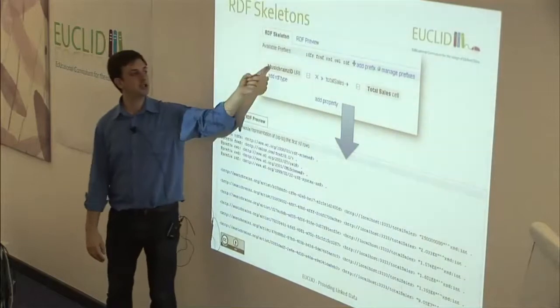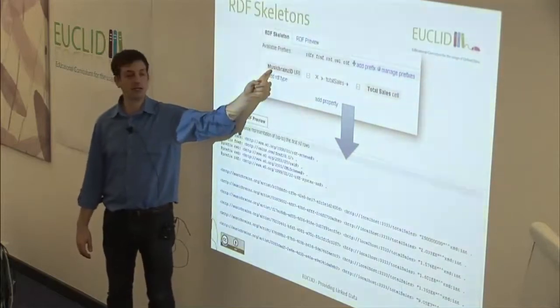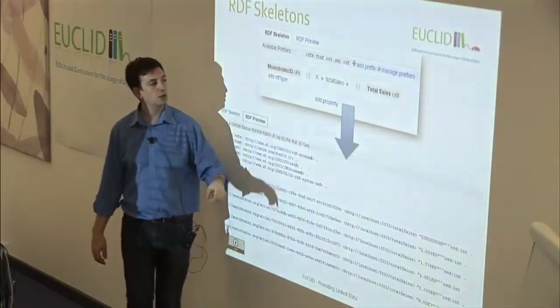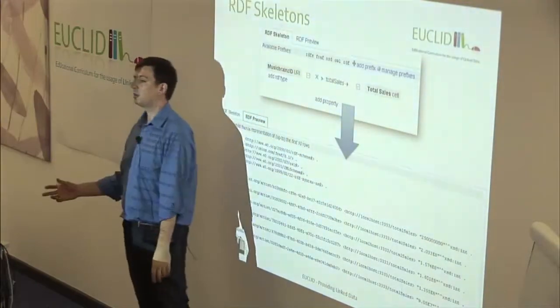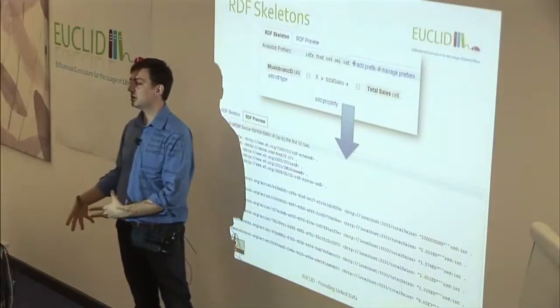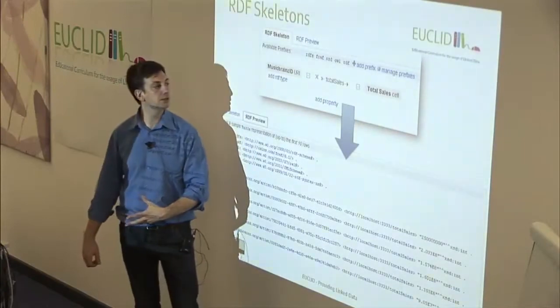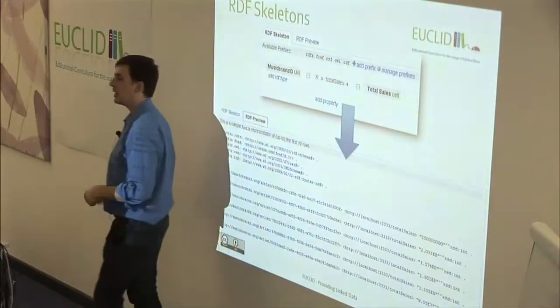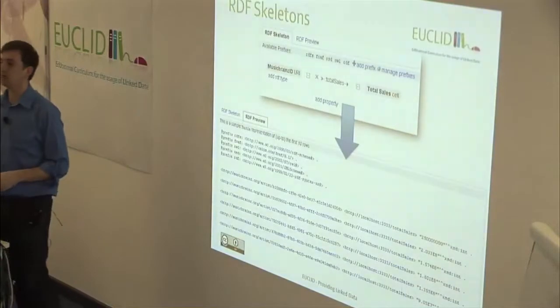So here we take this generated column for the MusicBrainz IDs as the subject. We take the total sales that we produced by splitting and then multiplying the numbers as the object, and we attach to that arrow this total sales predicate.